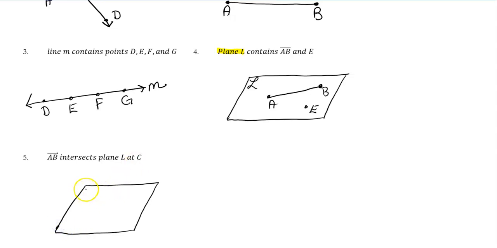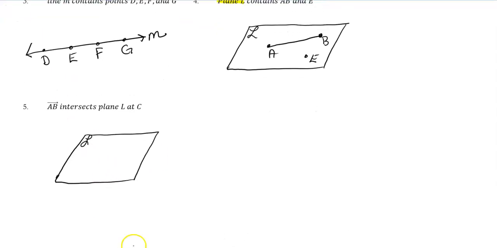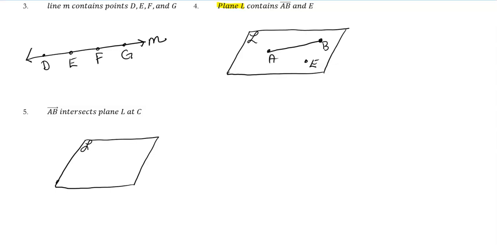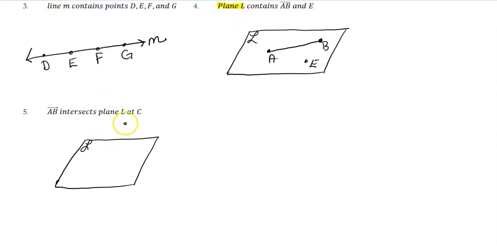Now, to make it intersect, what happens is it's going to come up from above and it's going to go through the plane. And so to go through the plane, I need a little more space. To show that it goes through the plane, I'm going to start up here. This is A. And look, A doesn't have an arrow, so it starts right here. It's going to hit this plane right here, and then it's going to go through it.